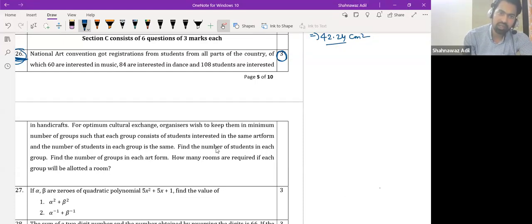So we have to find out firstly, 60 are in music, 84 are in dance, and 108 students are interested in handicrafts. We have to find a certain number of people so that they have an equal number in all the groups. So to do that, what should we calculate, Hashid?